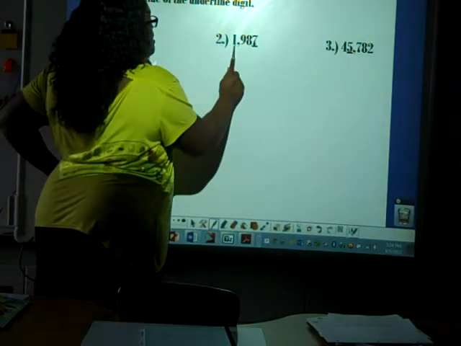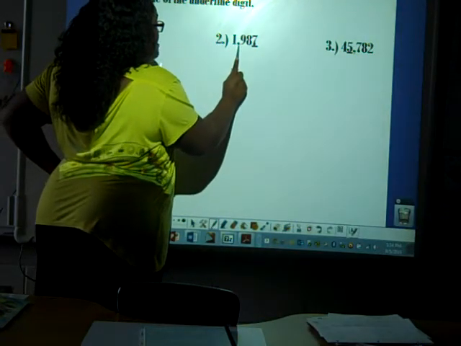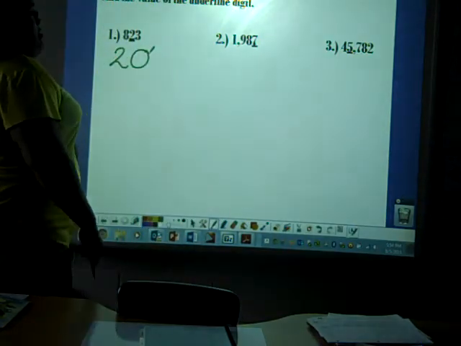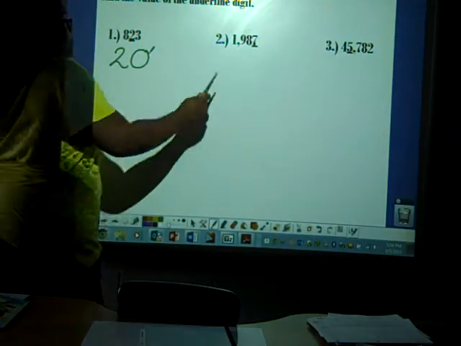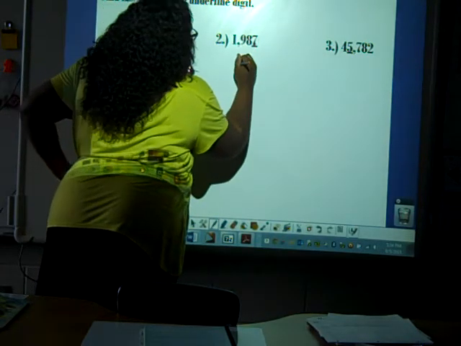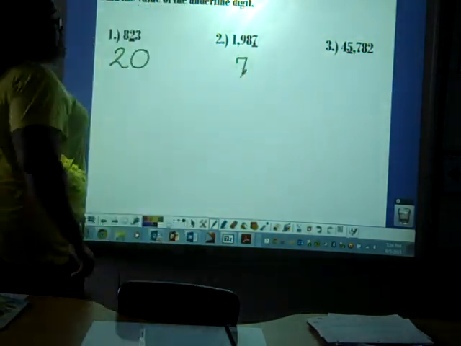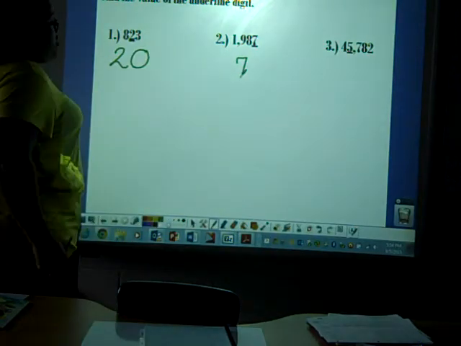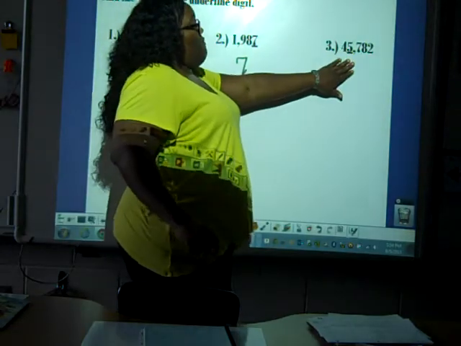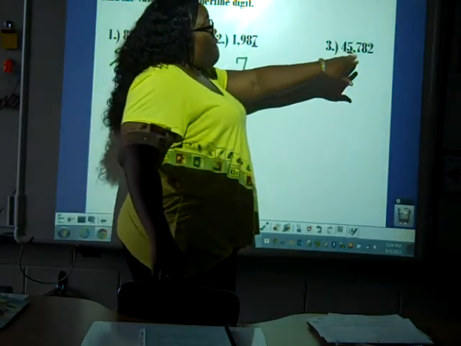Number 2. What is the value of 1,987? Well, what is the value of this 7? Thousands, hundreds, tens, ones. So the value of that 7 in 1,987 is 7.